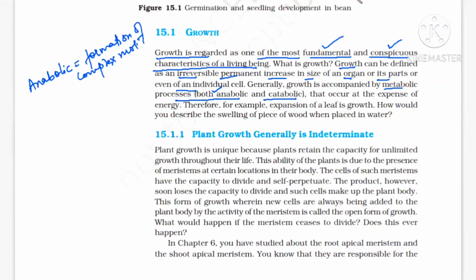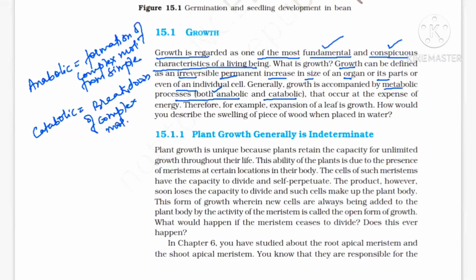Example, photosynthesis. And catabolic means breakdown of complex molecules. The complex molecules are broken down. Is it clear? So for anabolic, you can remember photosynthesis, and for catabolic, remember respiration.